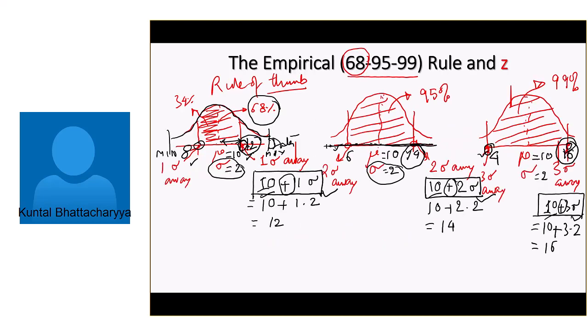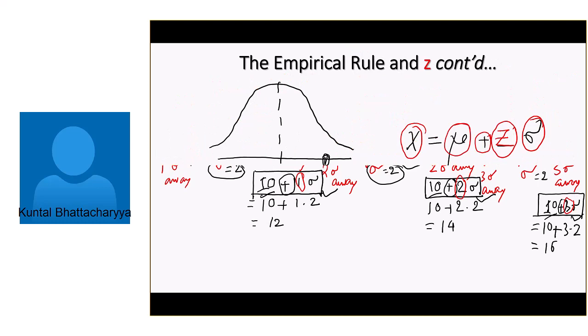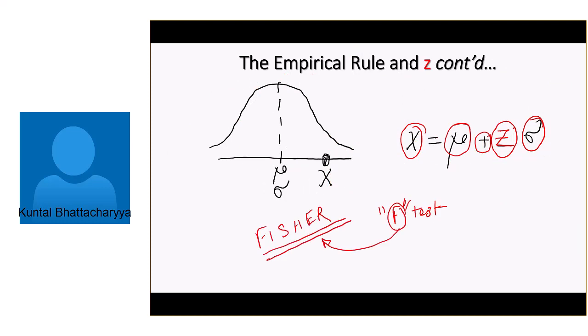So those 1, 2, and 3 that you are seeing here, they're all possible variables. He generalized them into a variable called z. And I'm saying this again, follow along with how I'm circling it as I say it. Any point x on the distribution is z standard deviations away from the mean.